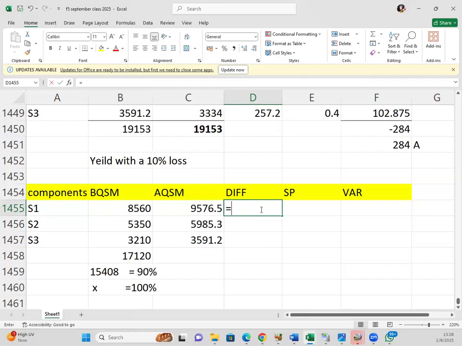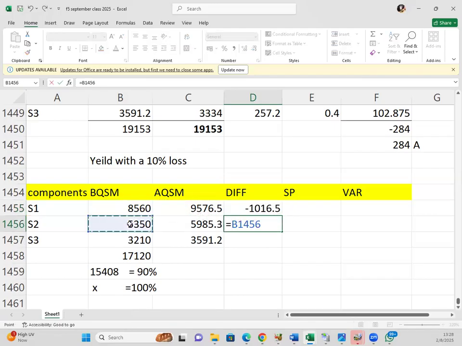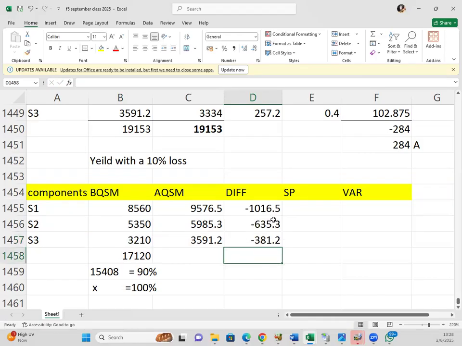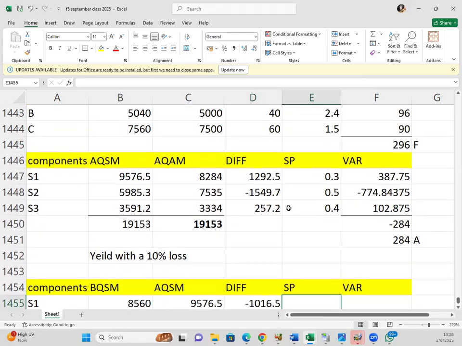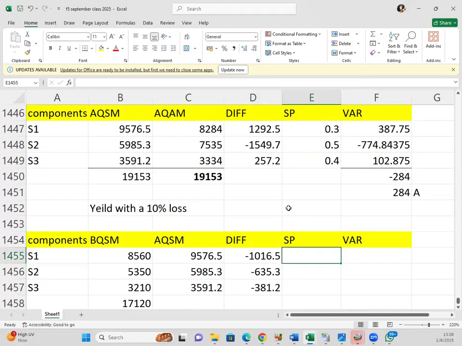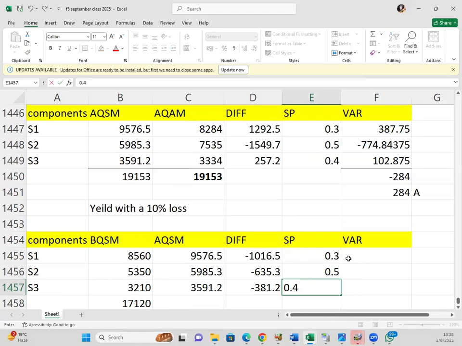Then the rest is now easy. Just say this minus the actual quantity standard mix. Say 5,350 minus the actual quantity at standard mix. 3,210 minus the actual quantity at standard mix. Then multiply by the standard price, 0.3, 0.5, and 0.4. Then get your variances.